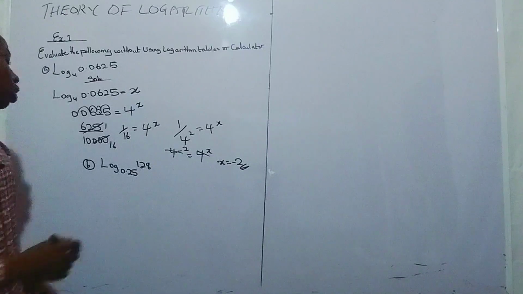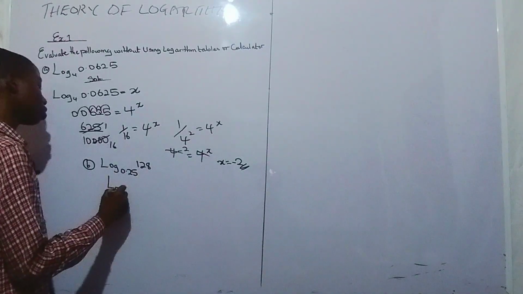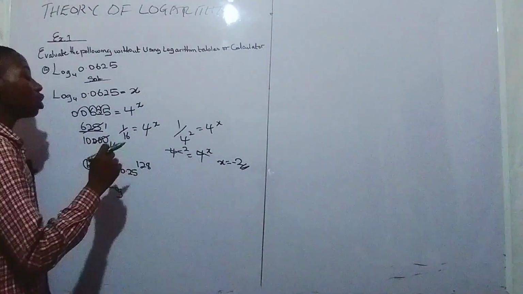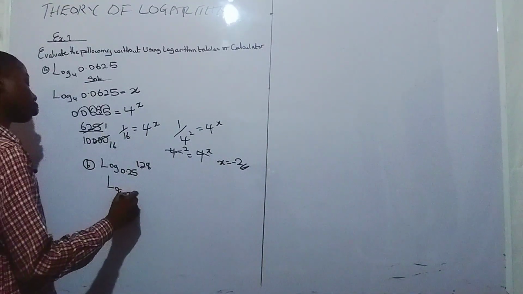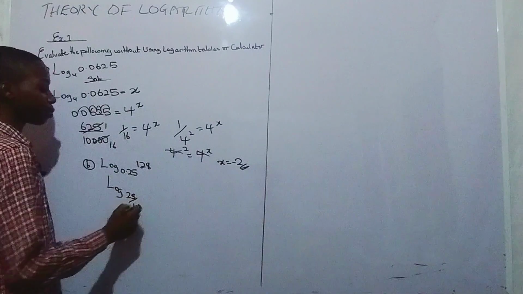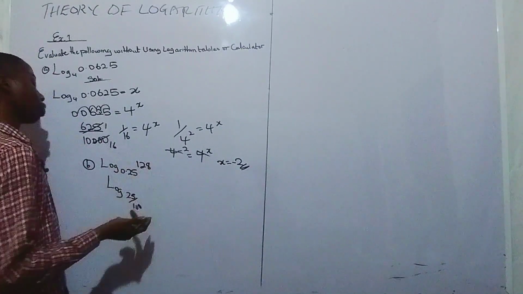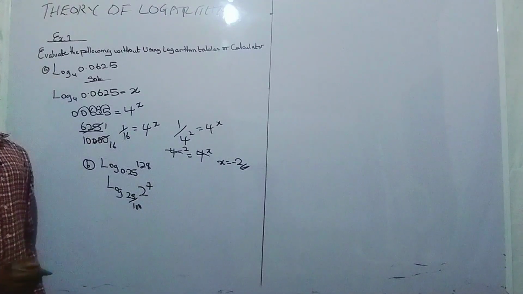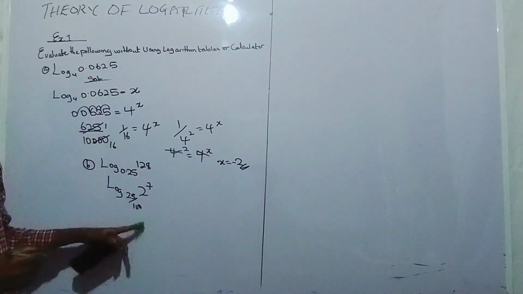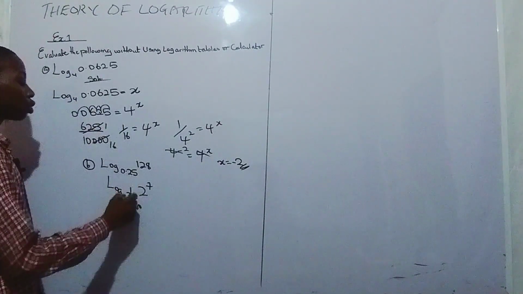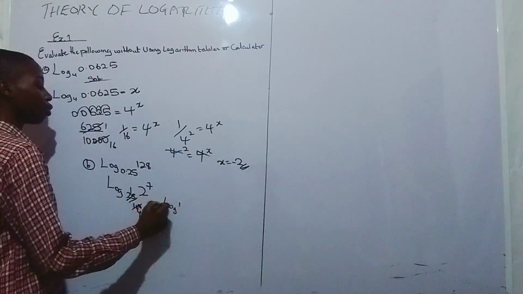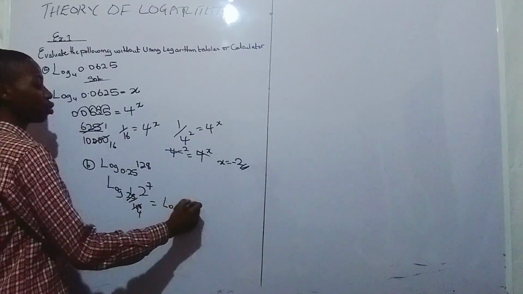For the second one, we have log 0.25 base 128. Now we change everything here to a fraction. 0.25 we change to a fraction, that is 25 over 100. 128 is 2 raised to power what? 7. We want to equalize the bases. 25 over 100, now we say 25 goes in 25 once, 25 goes in 100 four times. That's log of 1 over 4 base 2 raised to power 7.